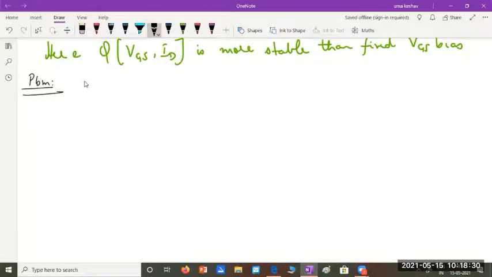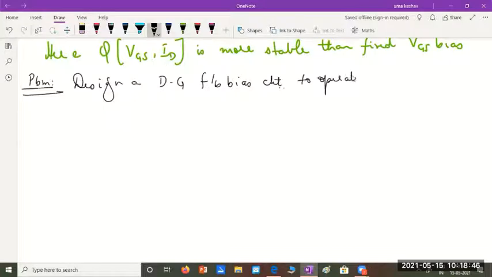Note down the problem. Let's say, design a drain to gate feedback bias circuit to operate at a drain current of 0.5 milliamps.